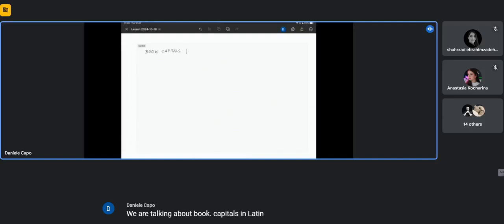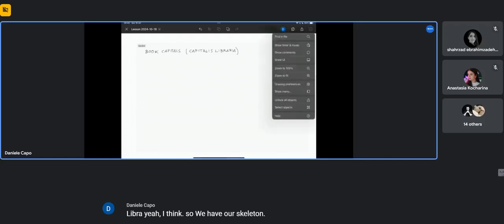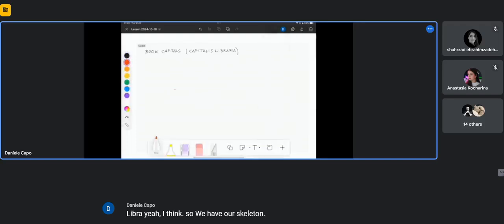In Latin, these are called capitalis libraria, I think. We have our skeleton for letter E. This is the skeleton. It doesn't say too much.